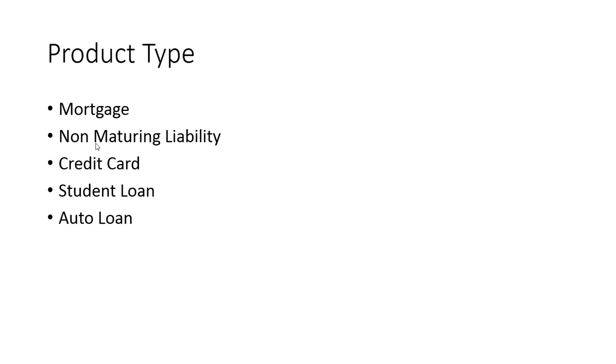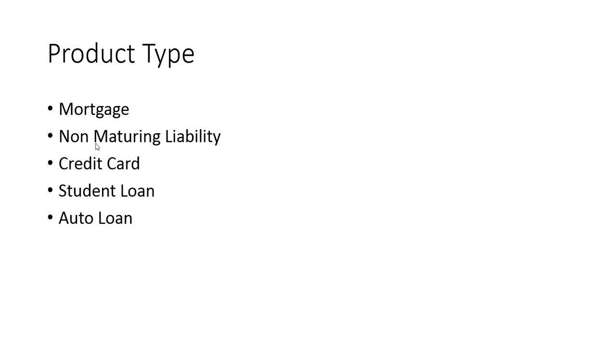Then comes the product types. Now all the models that we discussed in the first slide could be there for different products. The different types of model that we discussed in the previous slide can be there separately for separate financial products.